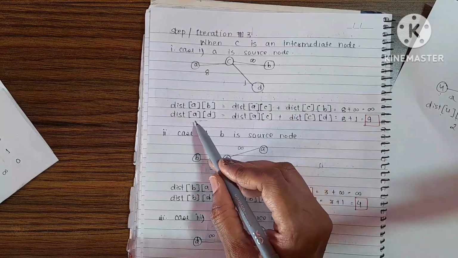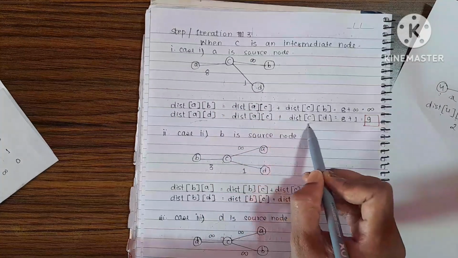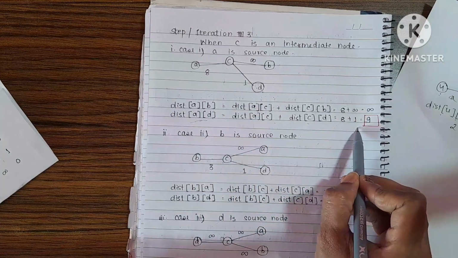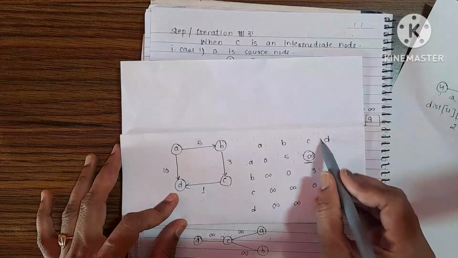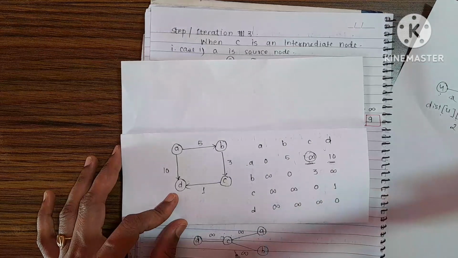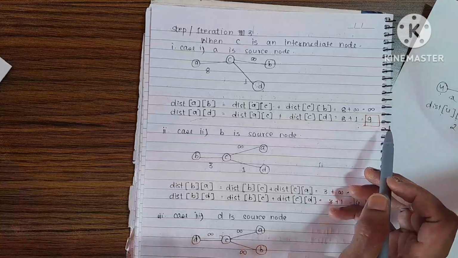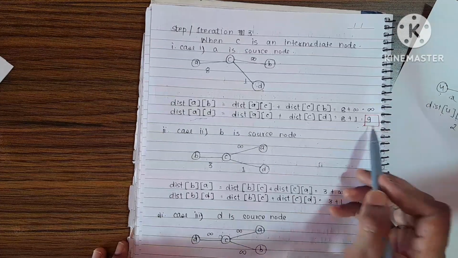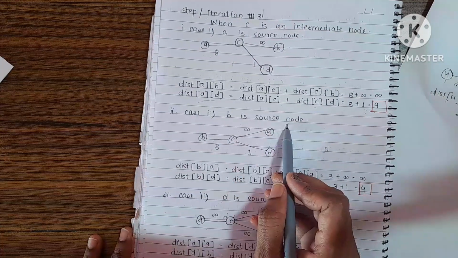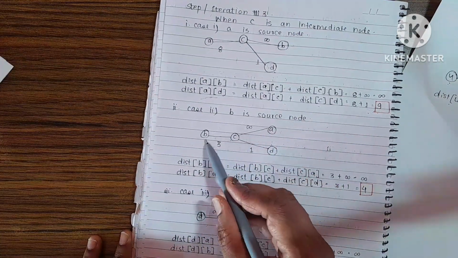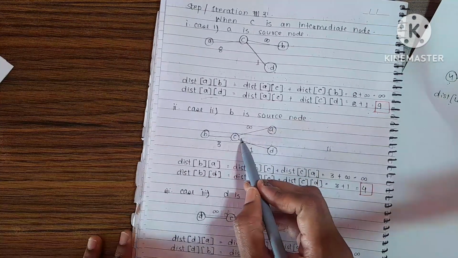Then see here, distance AD is equal to distance AC plus CD, which is 8 plus 1, 9. With the previous iteration, AD was holding 10 distance, which is greater than the newly calculated value. So we will replace this 10 by 9. So that is the first updation we need to make. Next, when B is treated as a source node, we are able to calculate BA from distance BC plus CA.